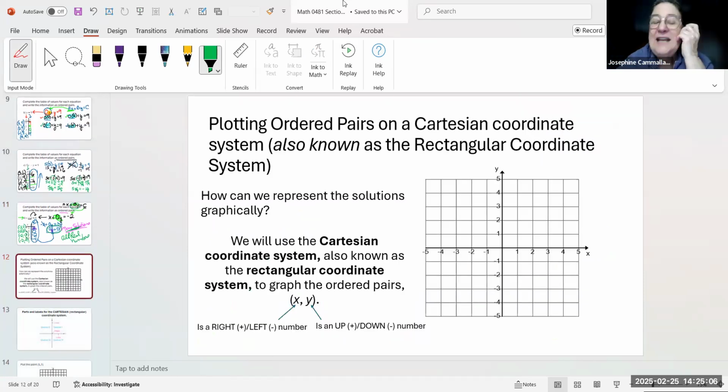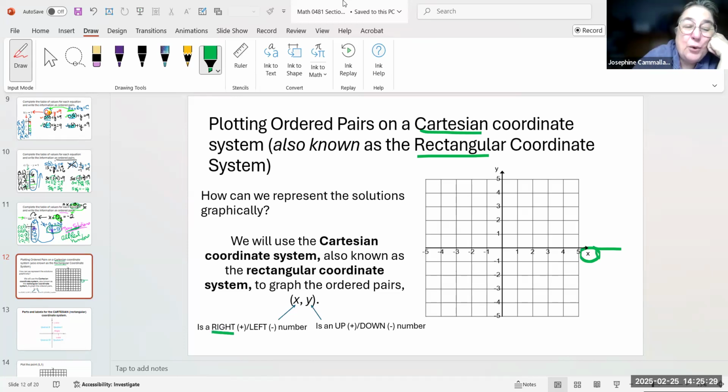Okay, now some of you have seen this graph before. This is known as the Cartesian plane, but many of you call it the rectangular coordinate system. Well, in this case, I have the horizontal line is my x values.